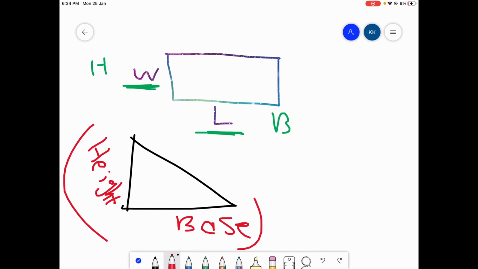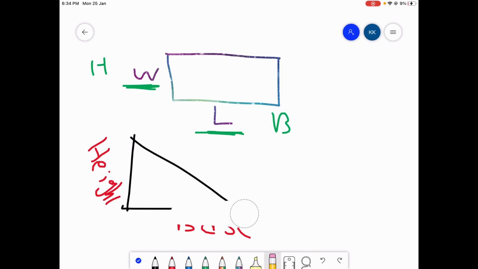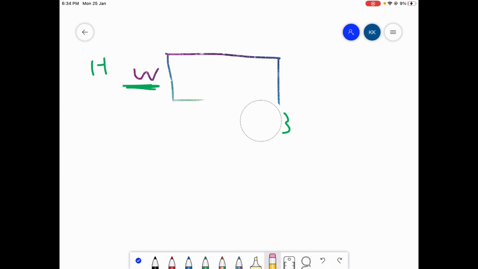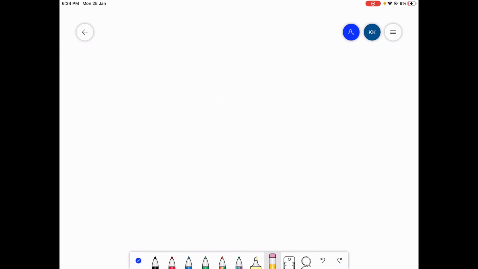So the rectangle formula is A equals length times width.